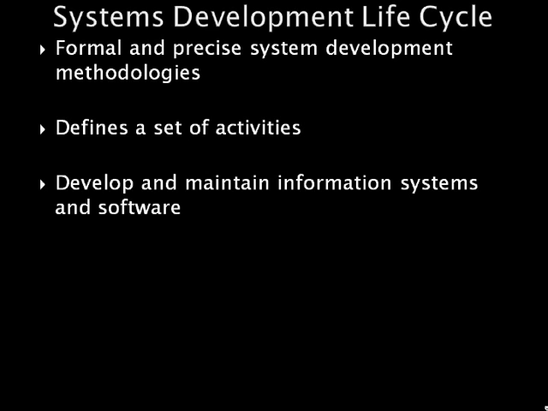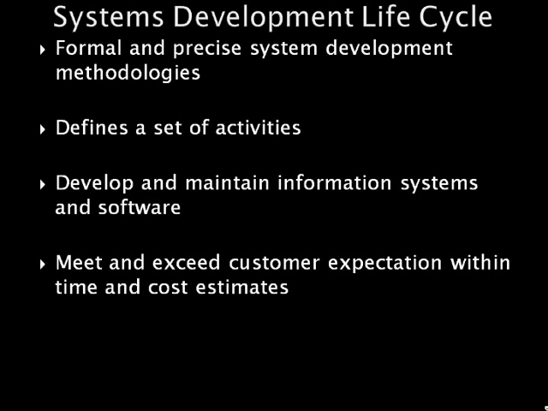The systems development life cycle consists of a series of steps used to manage the phases of development for an information system. It should result in a high-quality system that meets or exceeds customer expectations within the time and cost estimates.